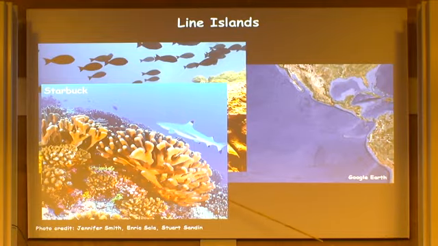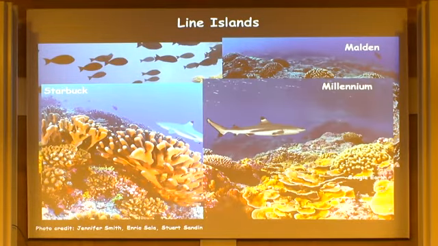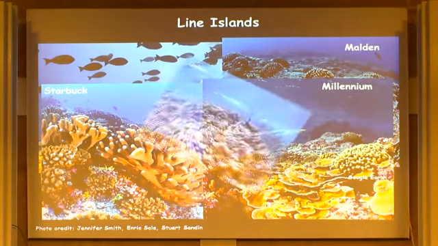This is the highest biomass ever recorded for a marine system. This is Malden, which is one of the biggest, close to 100% coral reefs that has ever been described. This is Millennium, which is the biggest working atoll on the planet, and it's a very beautiful system, actually one of the most beautiful places I've ever seen.